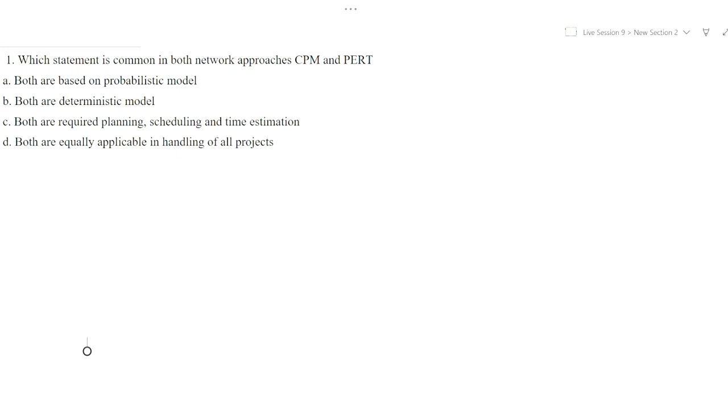Probabilistic model, deterministic model. They both require planning, scheduling and time estimation. Both are equally applicable in handling of all projects. So the correct option is both require planning, scheduling and time estimation.